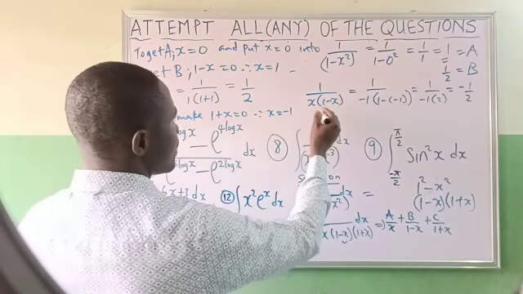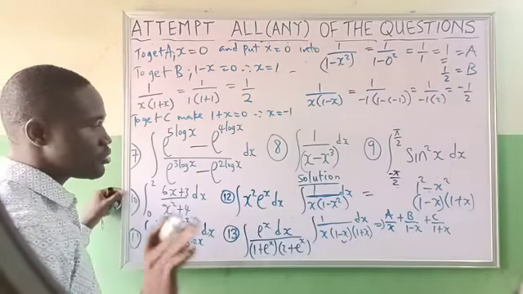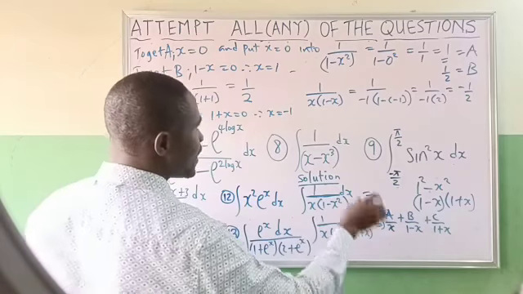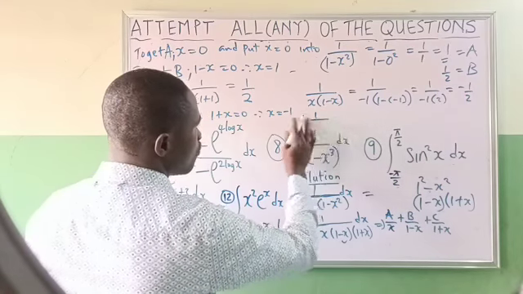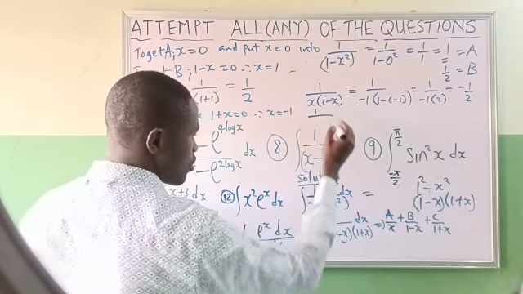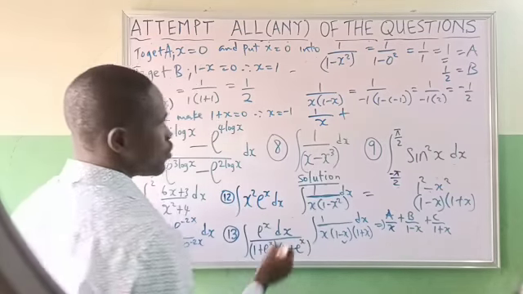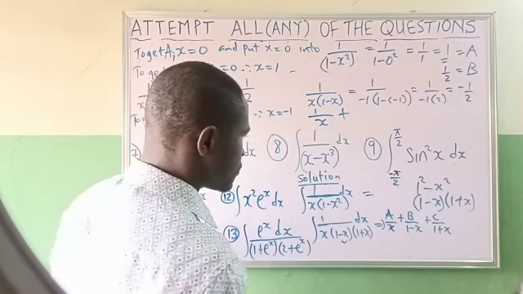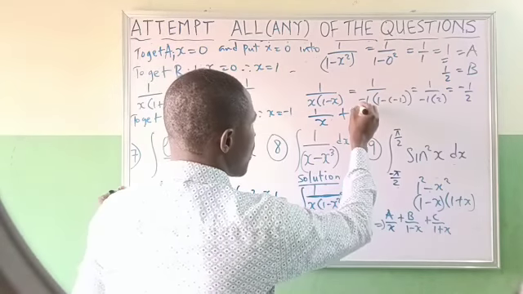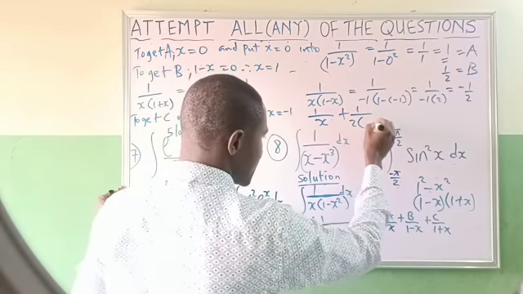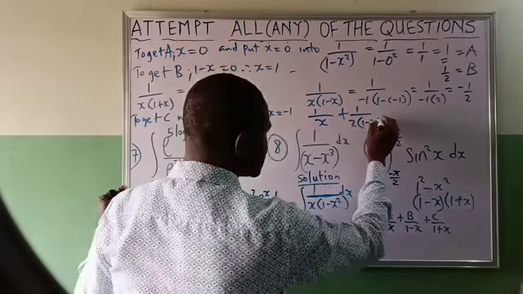So my final resolved fraction is, what is my a? 1 all over x, plus, what is my b? My b is 1 over 2 bracket 1 minus x.